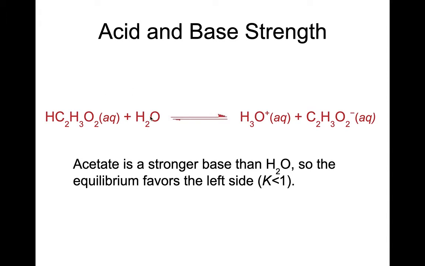We would know that the equilibrium constant K must be some value less than 1 because we need the hydrogen ion to be attached to the acetate. This is a stronger base of this pair. So we would rather have the hydrogen here than here. We have it on the stronger base of its two options.